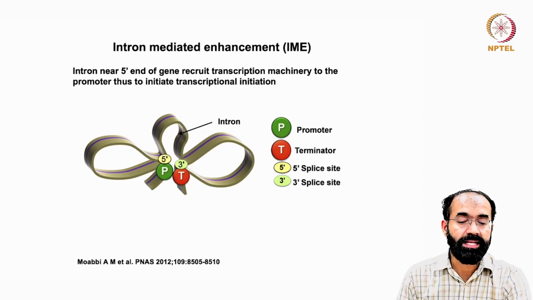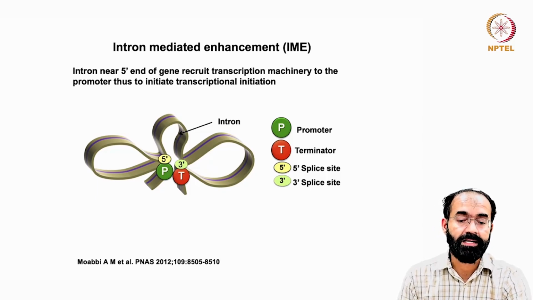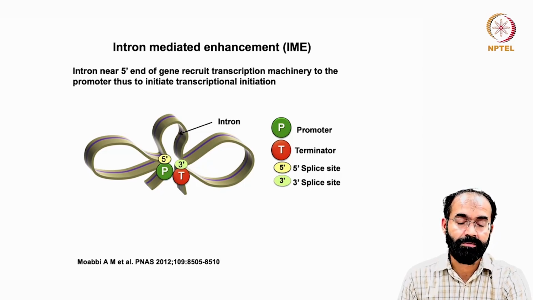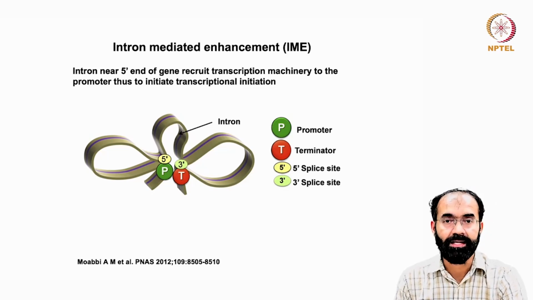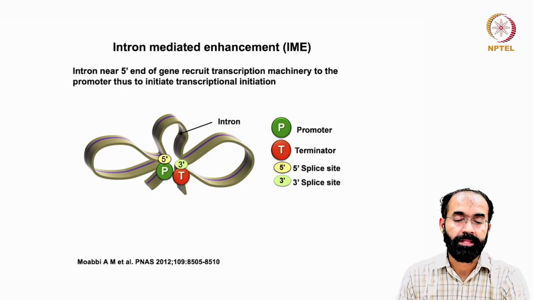So the intron near the 5' end of the gene recruits transcription machinery to the promoter, thus initiating transcription. That means the promoter is here and the intron brings in some of the transcription factors, and it can bring this machinery close to the promoter site by looping, and that can facilitate the kickstarting, so the rate of production of the RNA can be influenced.